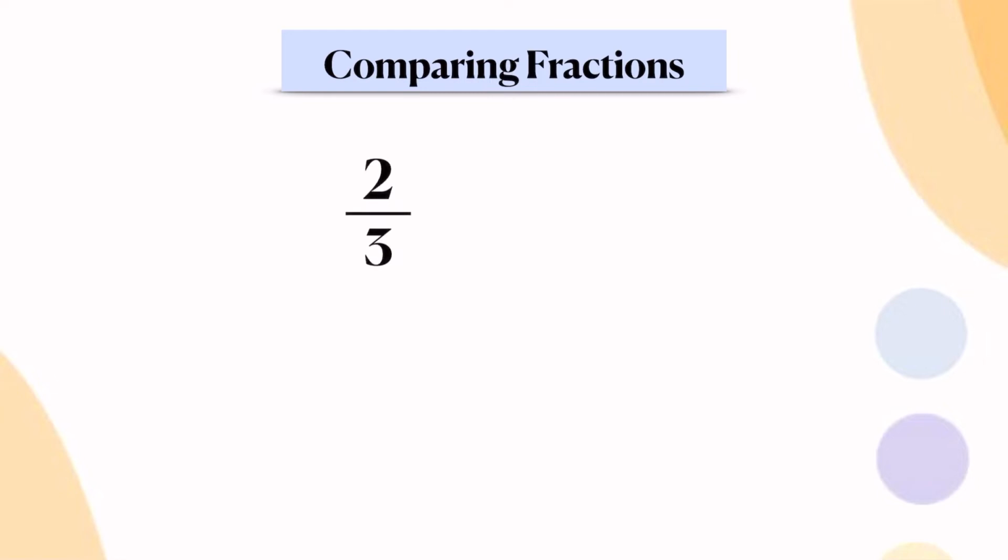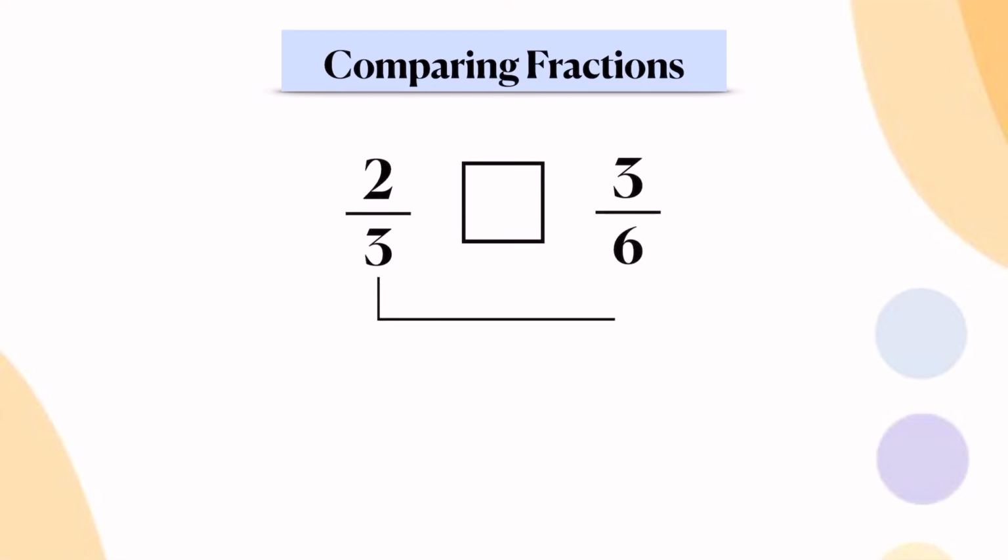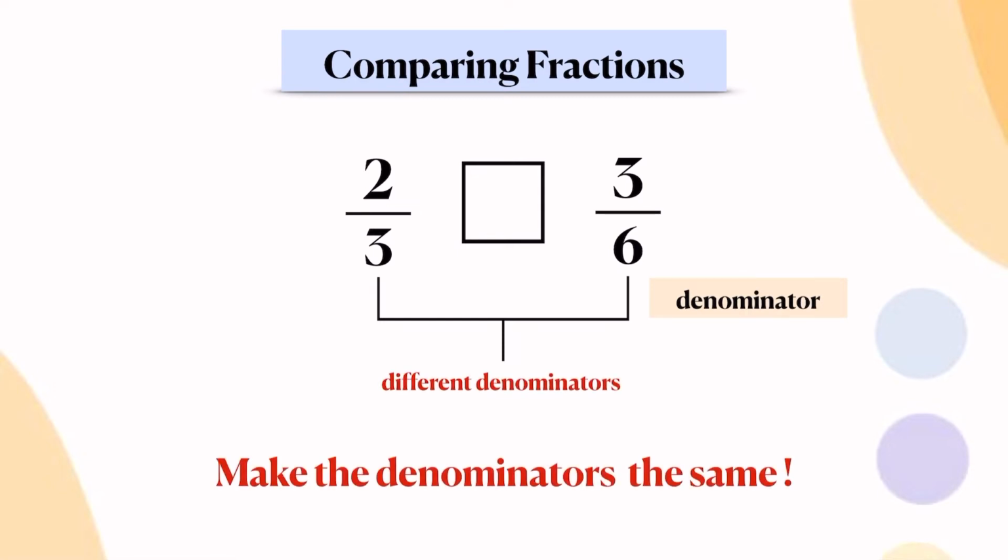What if they have different denominators? What do you do? Now let's see together. For the first step to compare fractions, we need to look at the denominator first and see if they are the same number or different numbers. If they are different, what you have to do is make the denominator the same.